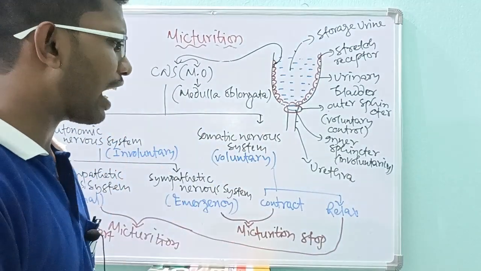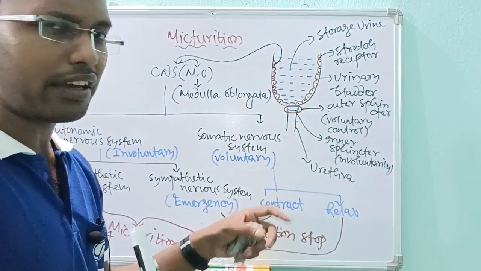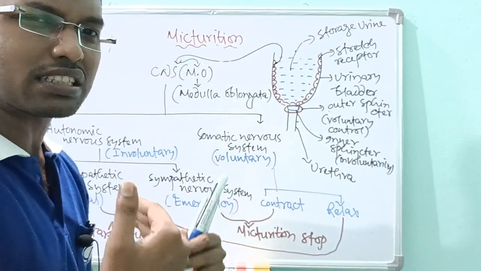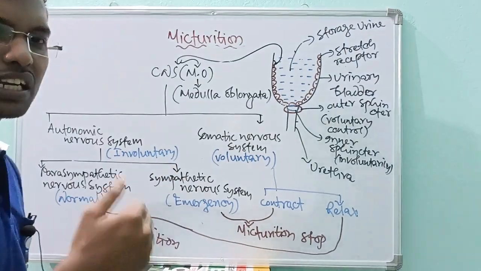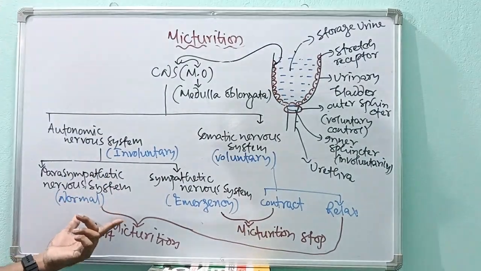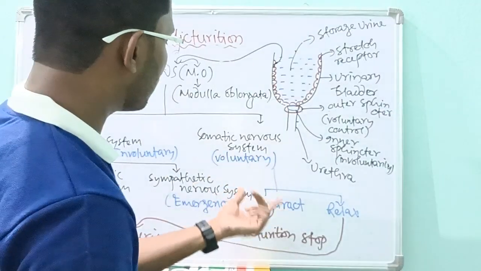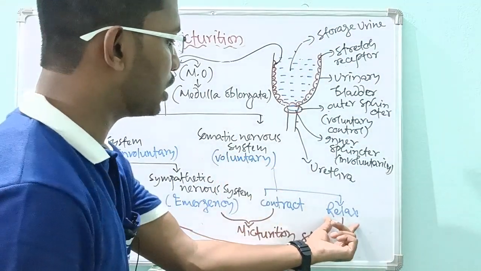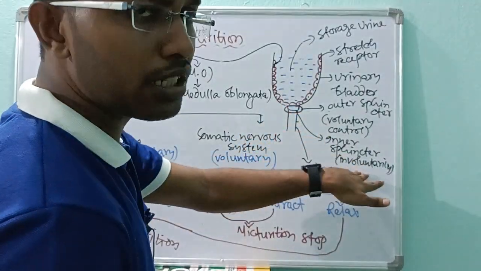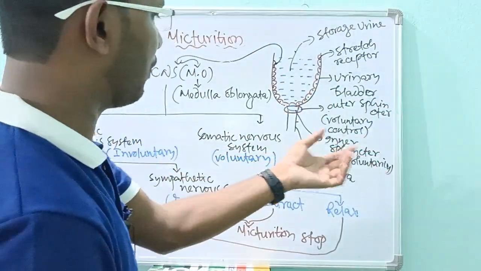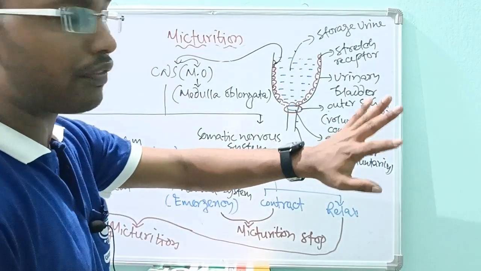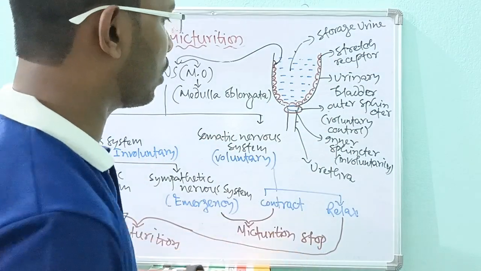So it allows, now it has to be released outside, now the situation is all normal, now somehow it has to be let go, released outside the body. So the parasympathetic nervous system and the somatic nervous system relax the outer sphincter. The inner sphincter is involuntary, it is always open, so it is not an efficient mechanism to control that process.